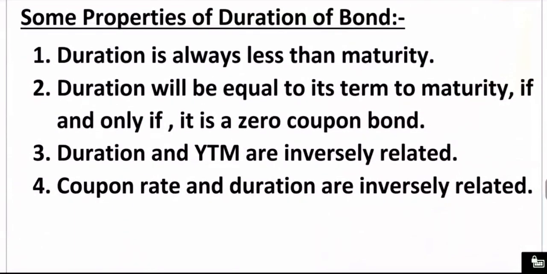After that we'll see some more facts about the duration of the bond. Number one property: duration is always less than maturity. I just took one example here. If the maturity period is 9 years, the duration will always be less than maturity. Number two, duration will be equal to its term of maturity if and only if it is a zero coupon bond.